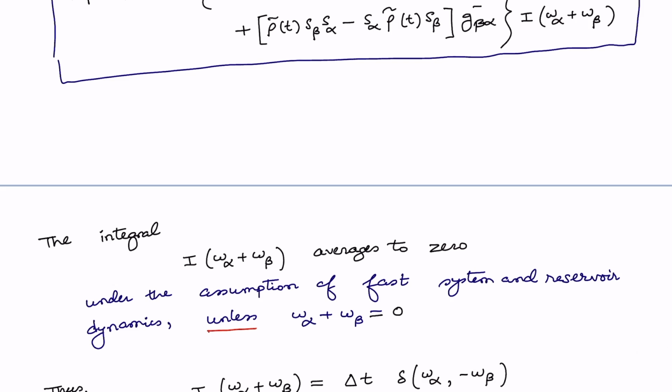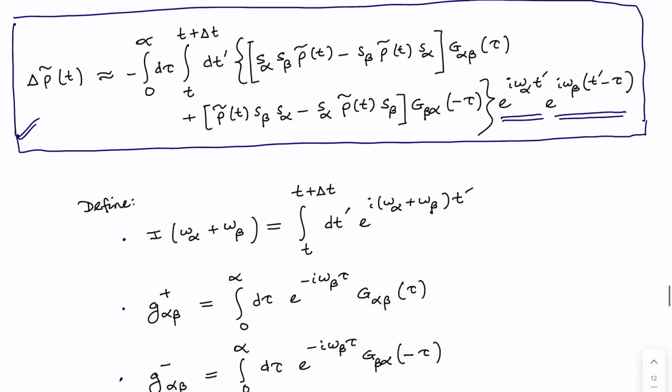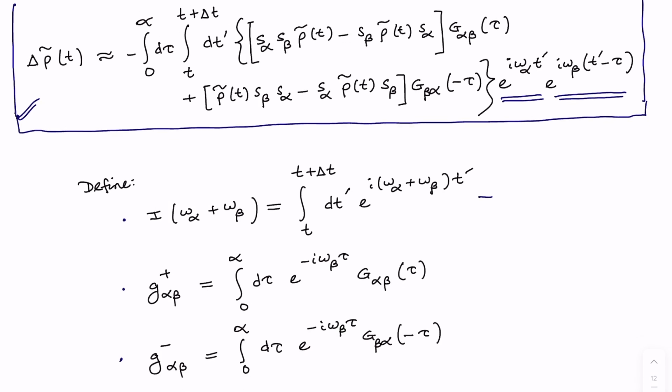First of all, let me note this term i omega alpha plus beta. As you can see, this term is highly oscillating. In the fast dynamics of the system and the reservoir, the interaction between the system and reservoir, which results in the correlation between them, is very short. And because this is very short, it oscillates very highly.